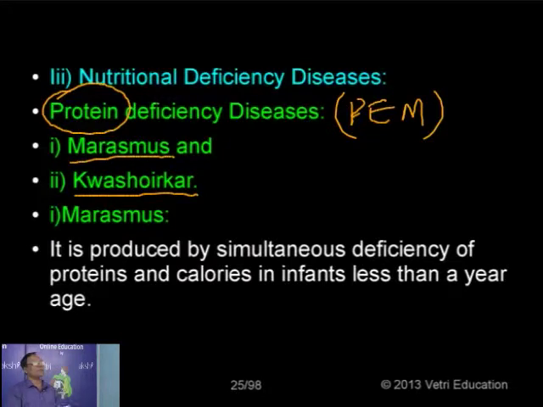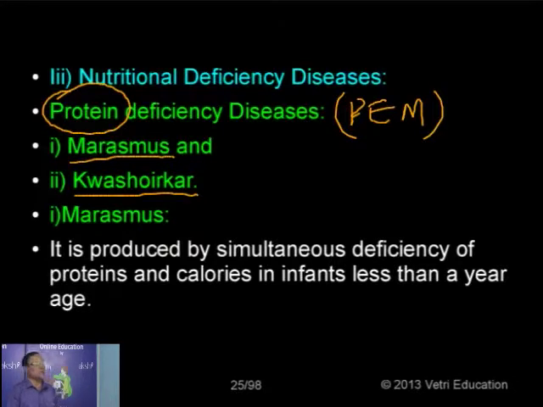Now in the case of marasmus, it is not only caused because of the protein deficiency, but also calorie deficiency, the energy deficiency. We are providing calories, you know, in the form of carbohydrates. When the energy available for the child is less, and when the protein in the diet is less, both together result in the development of marasmus.